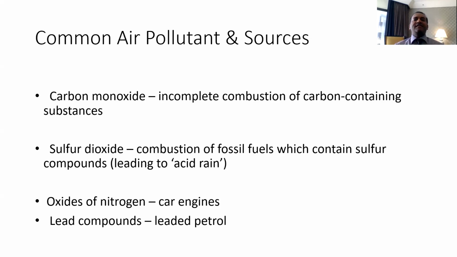We also have 78% nitrogen. Because the engine is very hot, about 3000 degrees Celsius and above, this nitrogen starts to react and form nitrogen oxides, for example nitrogen monoxide or nitrogen dioxide. This is how oxides of nitrogen are produced in a car engine.